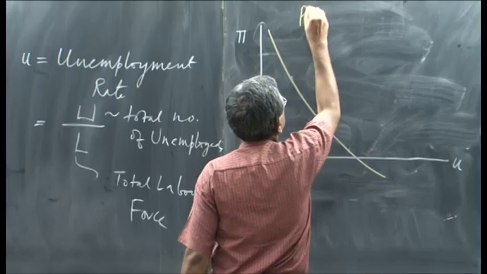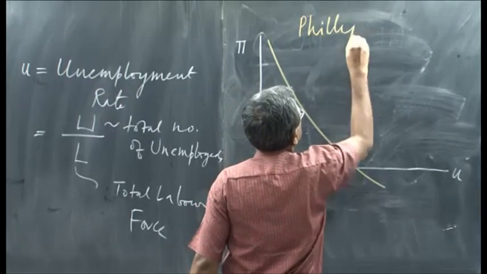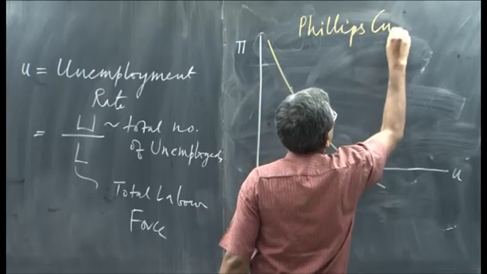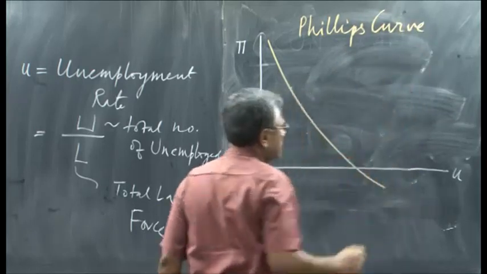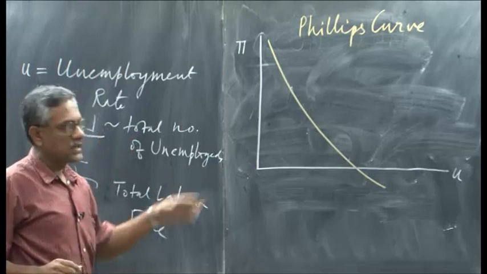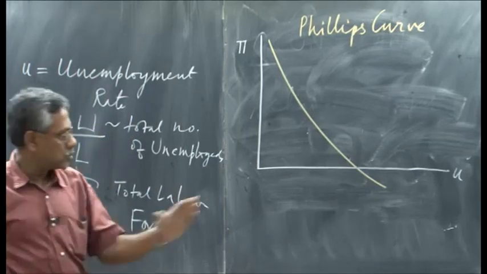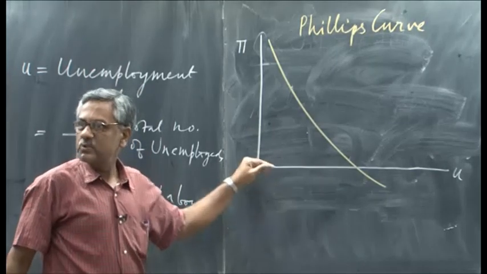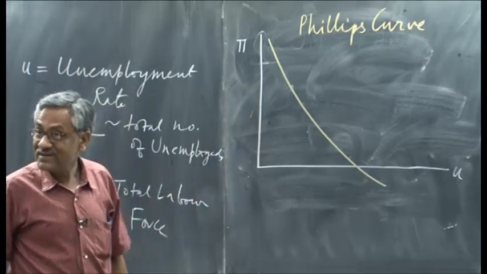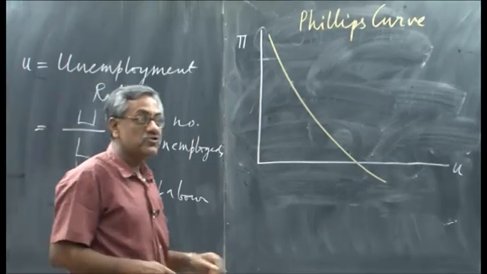Now, this is the Phillips curve. It went on like this. What is it saying? If unemployment has to be reduced, there has to be inflation, a trade-off. It essentially talks about a trade-off.